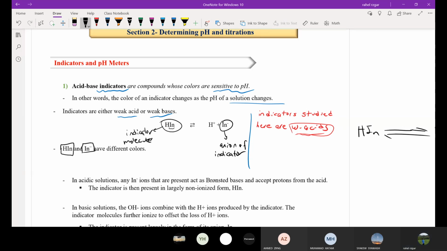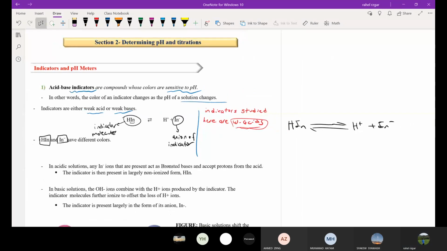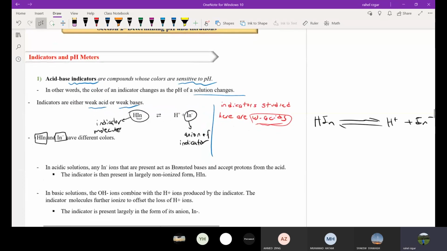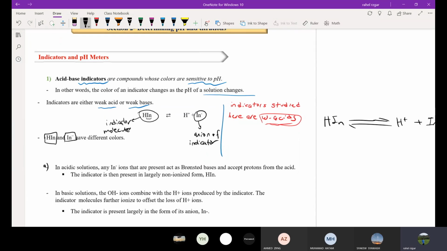All right. Now, HIN becomes H and IN negative. Let's write it in a better way. Let's put point A and B here, just for better understanding.